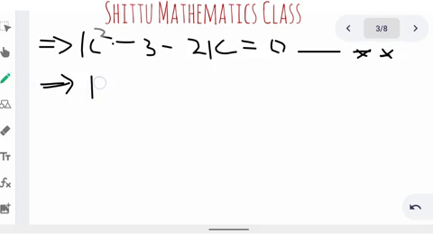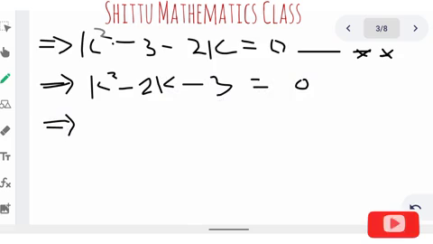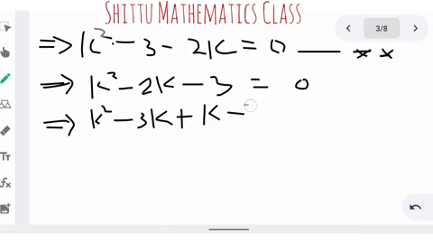Therefore we look for k. We factorize this. Let's arrange it normally before we do the factorization: k squared minus 3k plus k minus 3 equals 0.